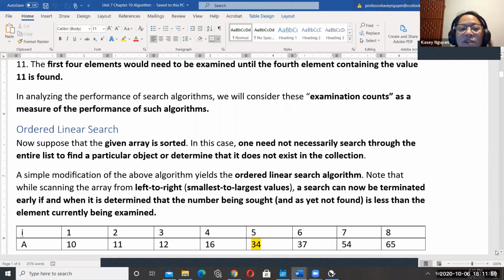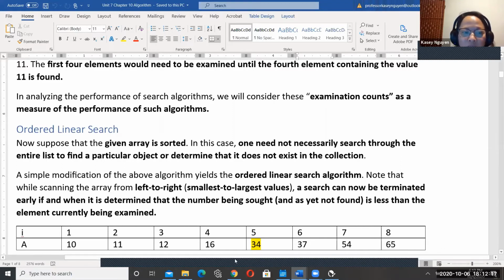Then what you can do with the ordered linear search is you would have a function that would sort that array. So we would have to incorporate the sort for the ordered linear search to work appropriately.